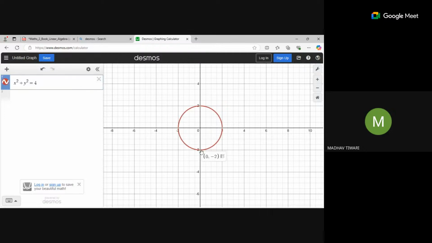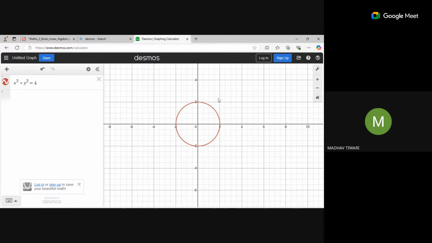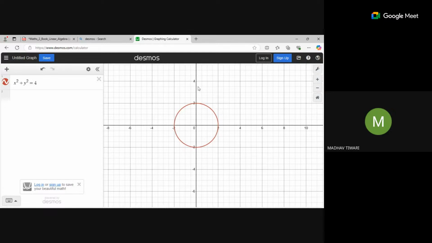If I shift this part to this part, it will again be a circle. Every point, if I translate this point to this part, this point will be translated here, this point will be translated to here. So still it will be a circular shape.